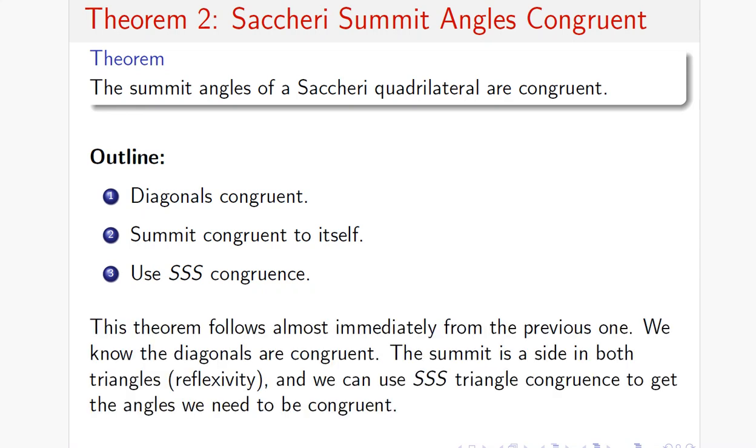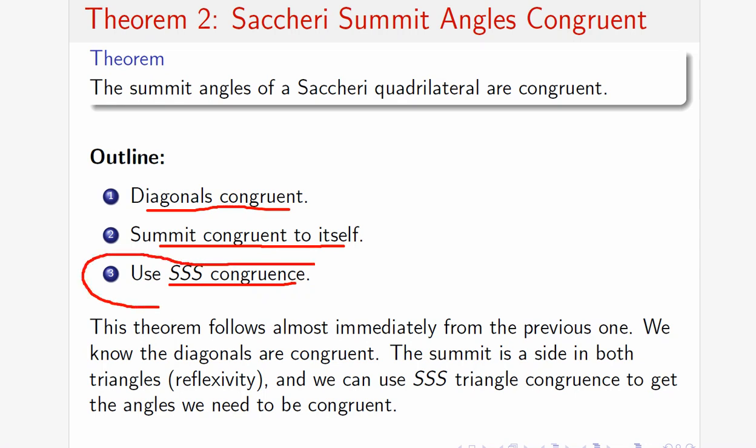I'm adding some information for you on the slide, but I really do just use the outline. I'm trying to highlight what was important about this proof. I'm reminding myself to rely upon the fact that diagonals are congruent, the summit is congruent to itself, and side-side-side congruence.